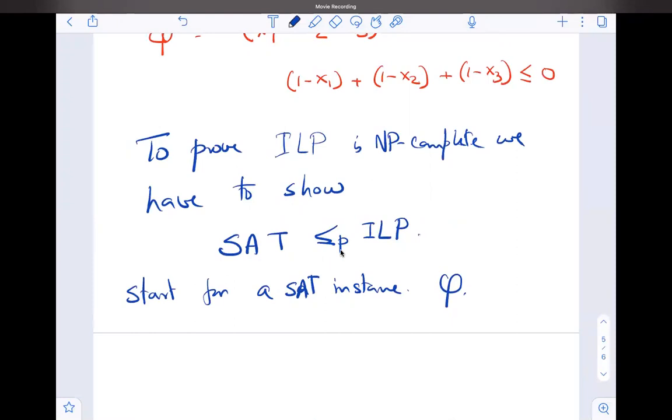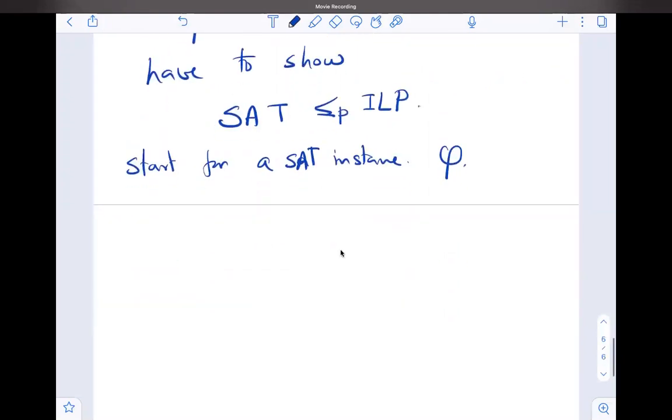Is this clear? Yes, sir. So, sir, if we consider a clause inside a SAT, let's say Z1 or Z2 or Z3. More precisely, it should be Z1 or Z2 bar or Z3 bar.